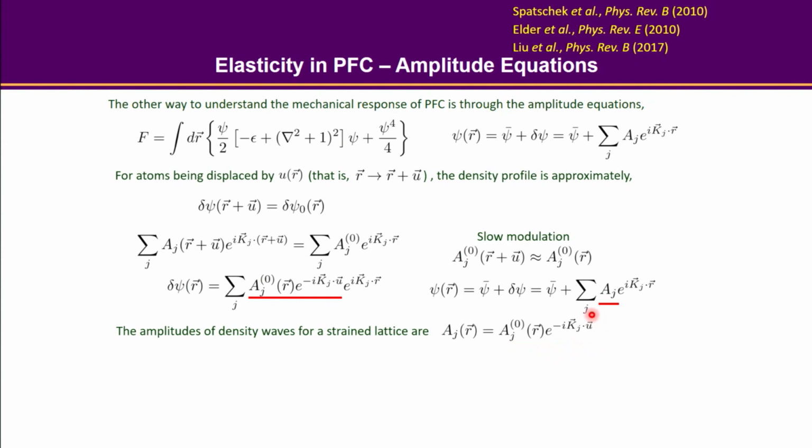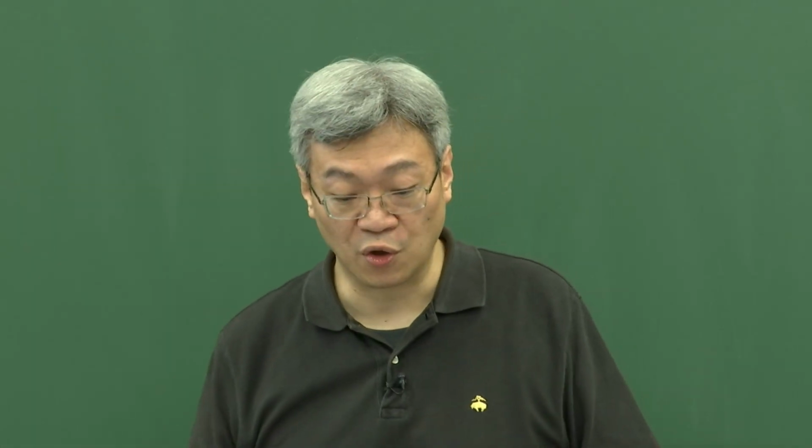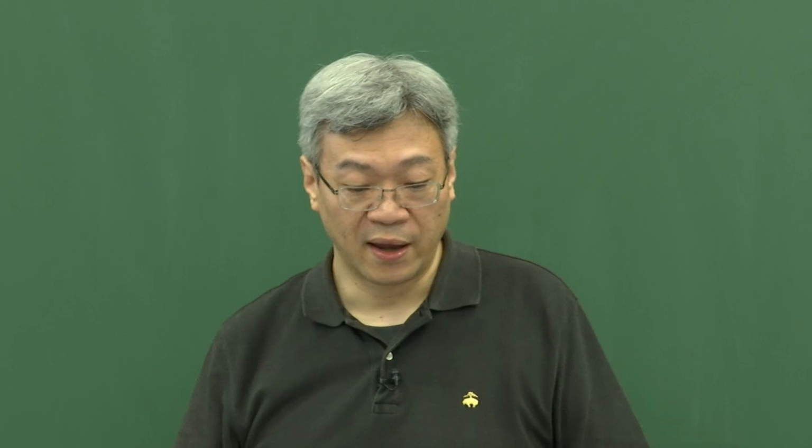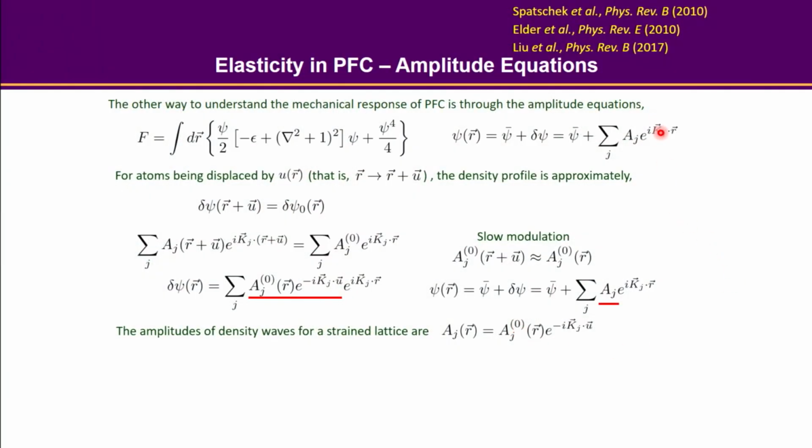But with a prescribed displacement, you are just using this extra factor. So one exercise you can do is to prescribe some sort of shear displacement. Once you put u as a function of space, and you know what the amplitude looks like, you plug it back.